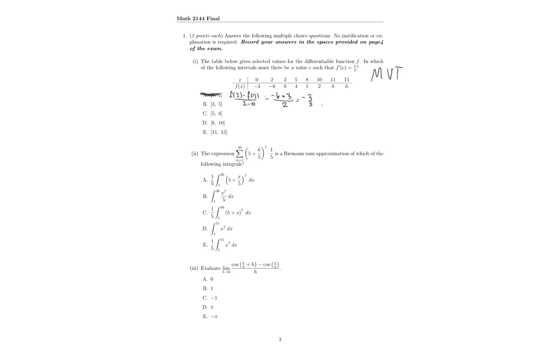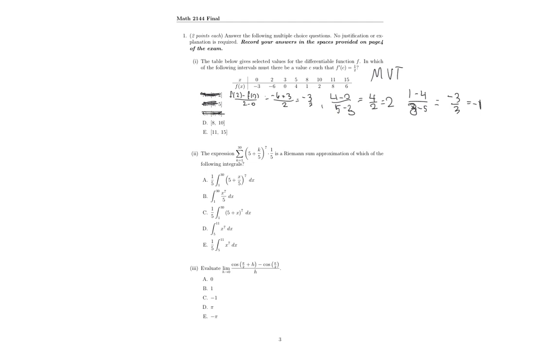From 3 to 5, my f value at 5 is 4, over 5 minus 3. 4 over 2, which is 2. It's not that one. From 5 to 8, it's going to be 1 minus 4 over 8 minus 5, which is minus 3 over 3, which is negative 1, not 1/2.